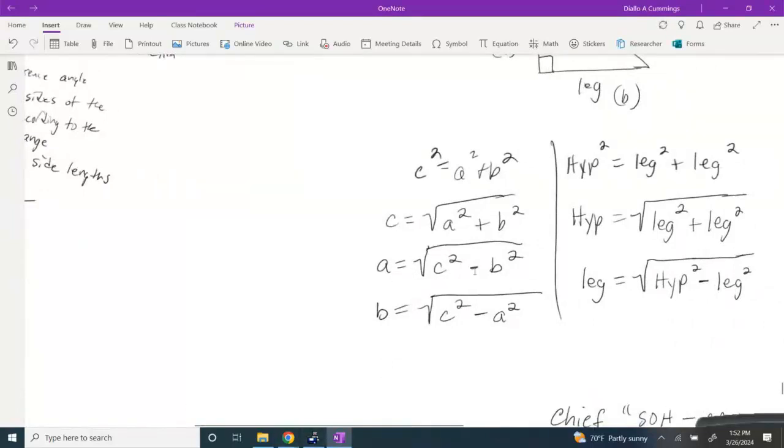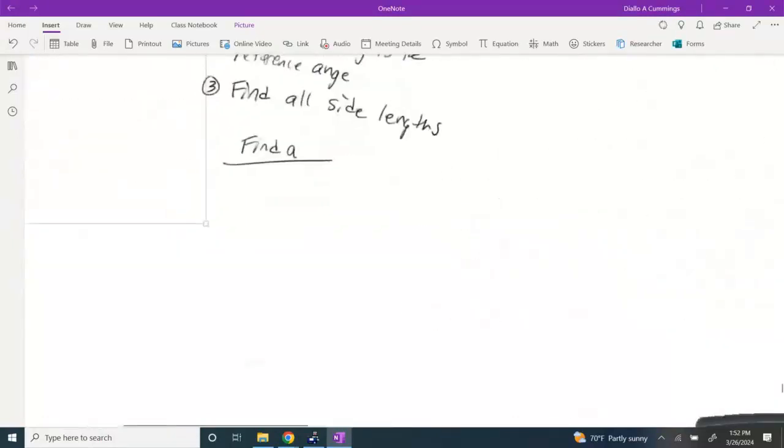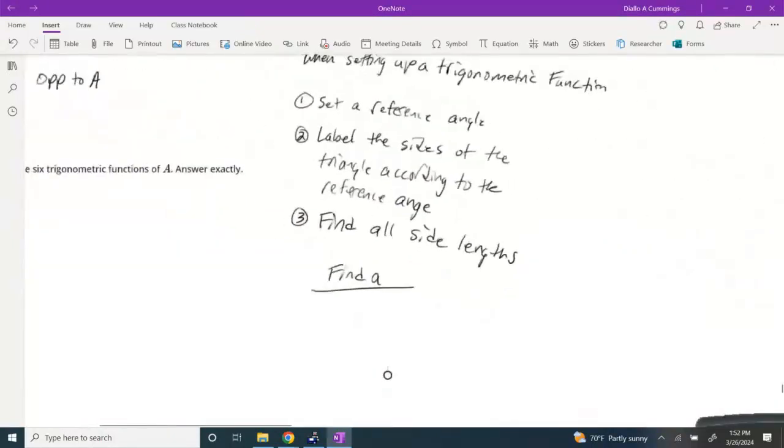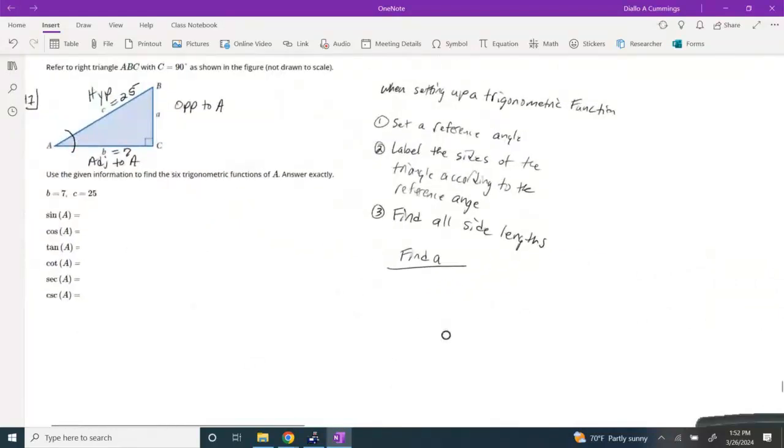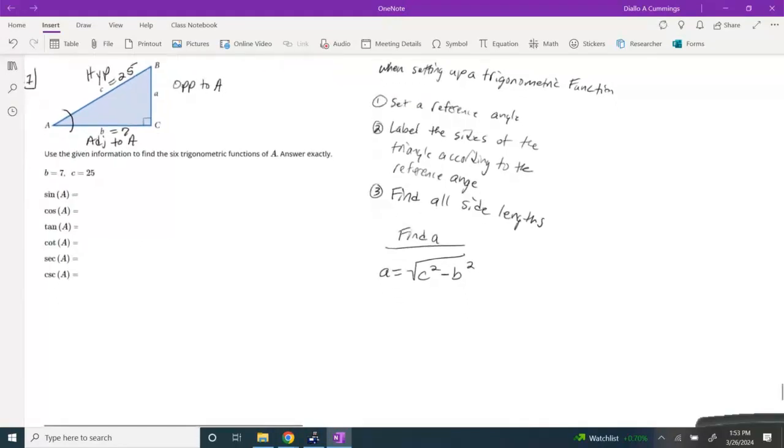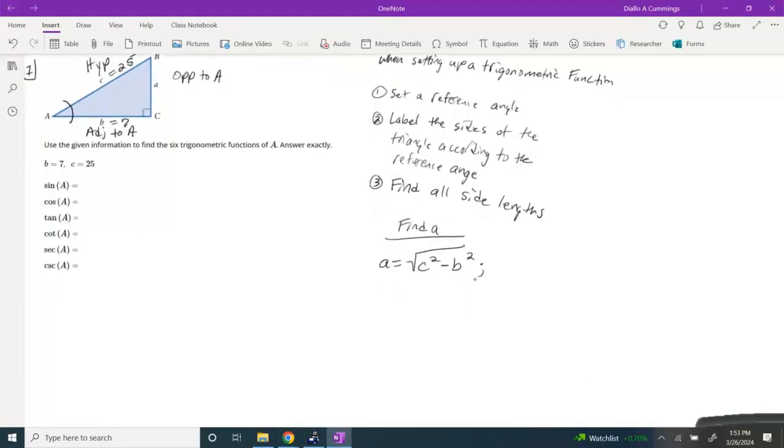A is going to equal the square root of C squared minus B squared. So I'm going to use that. So to find A is going to equal the square root of C squared minus B squared. We're going to substitute C for 25 and B for 7.